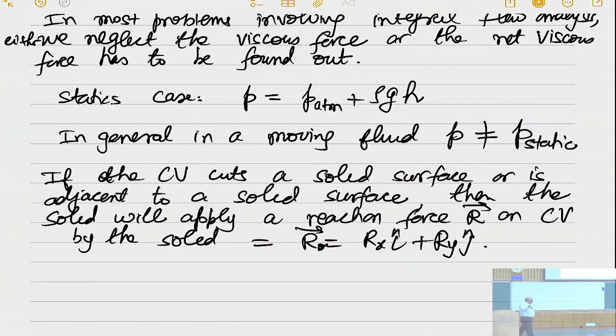So if you draw a control volume such that it is cutting a solid surface, then at the cut you will say Rxi plus Ryj is the force being applied by the solid on the control volume. And sometimes it is this force which you have to find out. It may say find the force in a particular situation which will keep the body from moving. So, that force is going to come out like this.